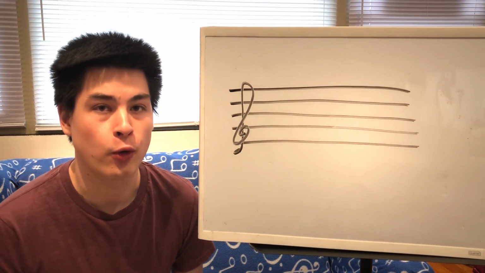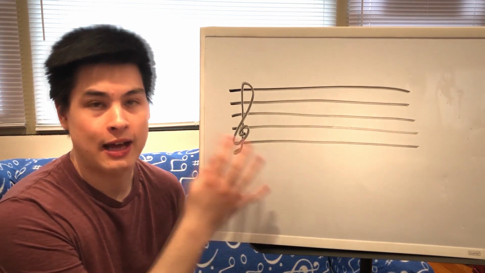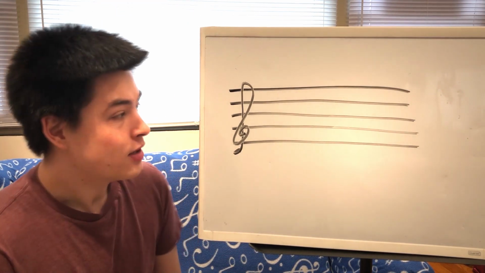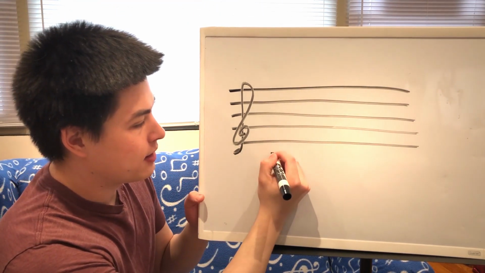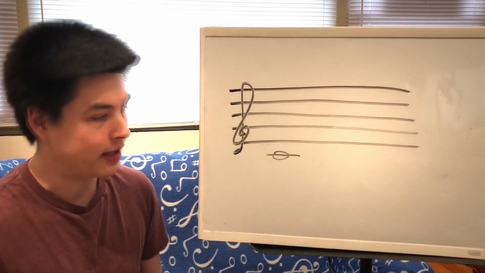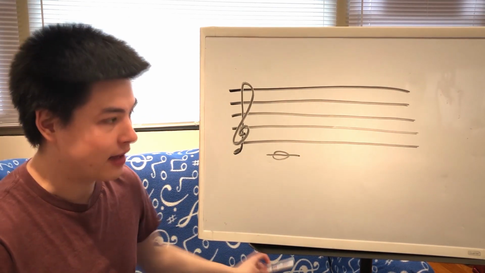So what we're doing for any of the types of transposition is we're looking at a note on the page, but a different sounding note is coming out. So say we have this C down here, and this is our C that we're looking at. This is the C that's written on the page, but we're playing it on B flat clarinet.